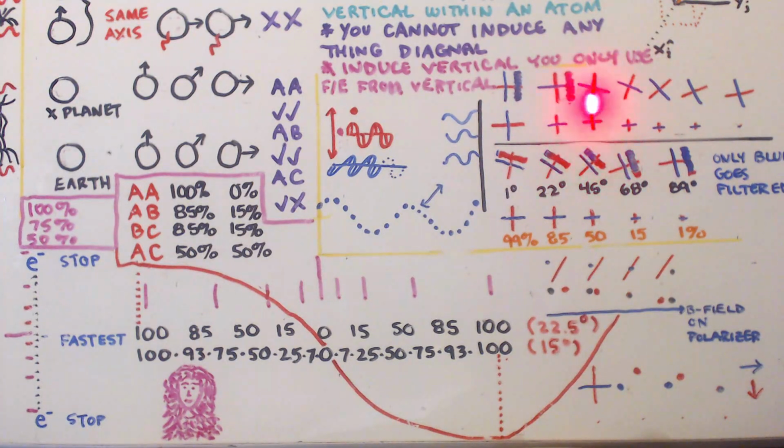If you made this into two vectors, an X and a Y vector, you'd have a vertical line of 10 feet long and a horizontal line of maybe an inch. So you pretty much give all your energy to make this E field in the polarizer, but not as much as this, and not as much as this. So you get a little bit smaller.